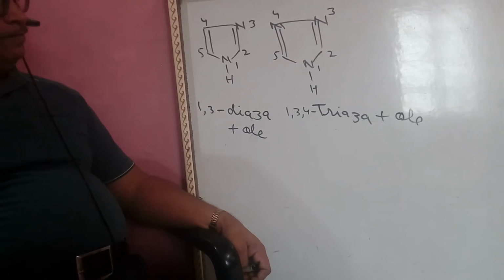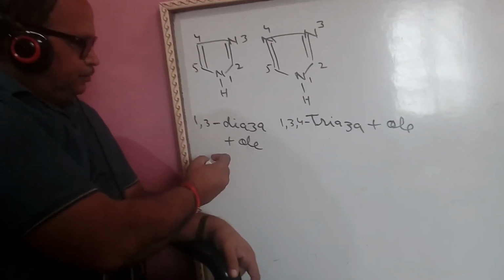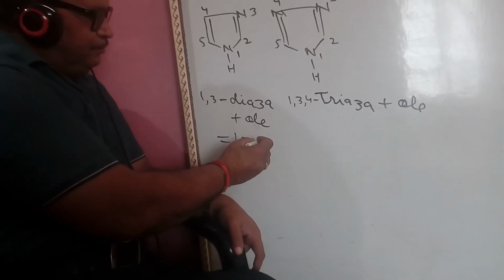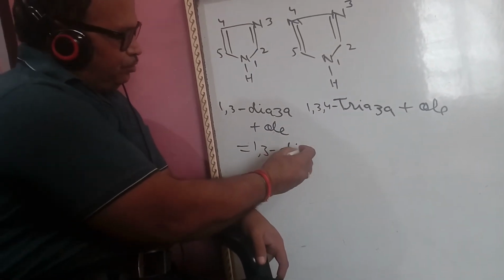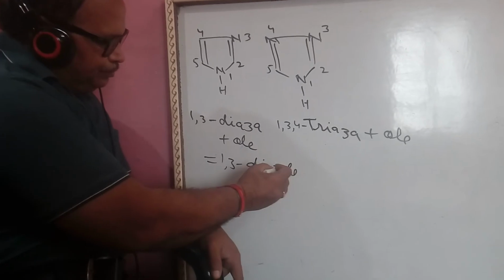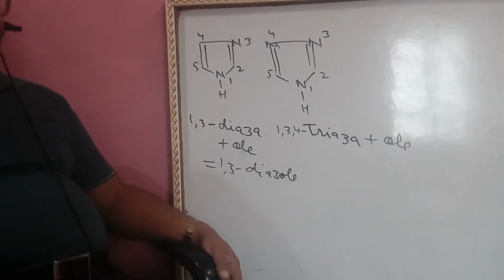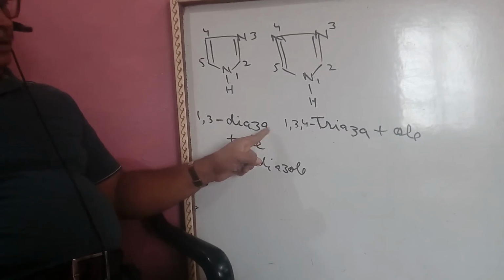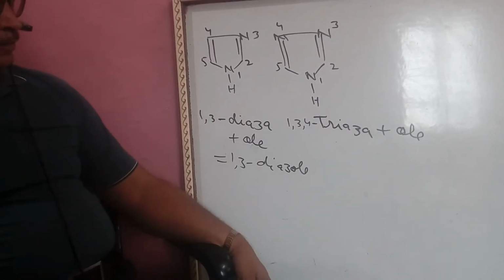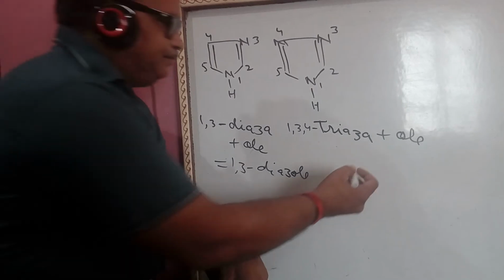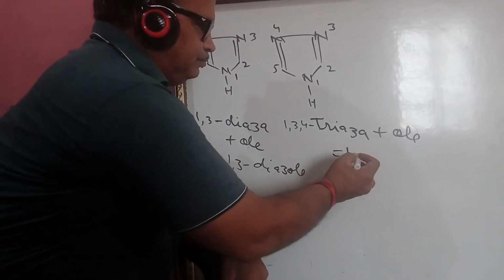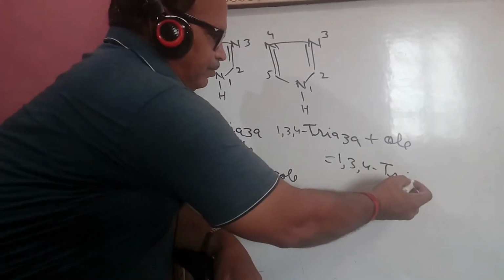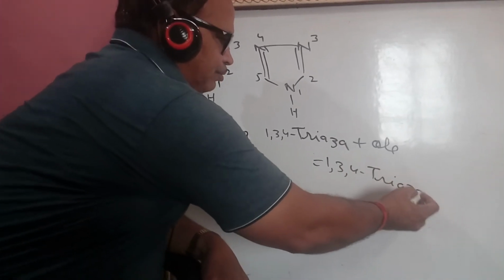So the name of this compound will be 1,3-diazole. Similarly for this compound the name will be 1,3,4-triazole.